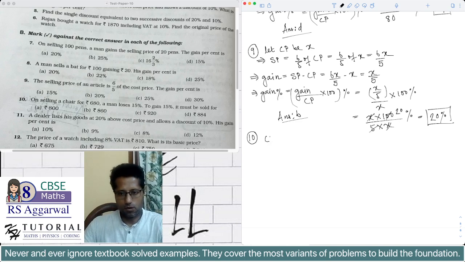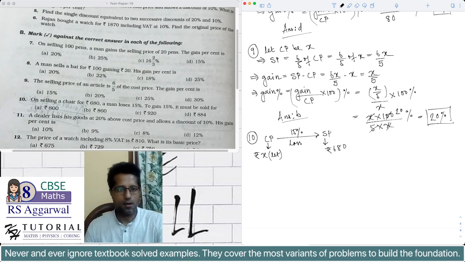So, if the cost price is rupees X, let's say rupees X, we are assuming the cost price to be rupees X, and there is a loss of 15%, and we are getting the selling price which is given to be rupees 680.